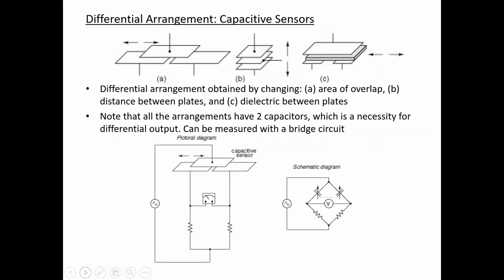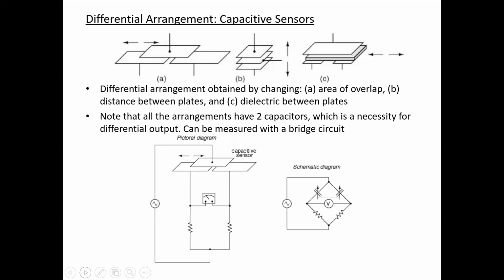Now, like LVDT, it is often useful to have differential arrangements of capacitive transducers as well. In the LVDT, the output was the differential voltage between the two secondary coils.